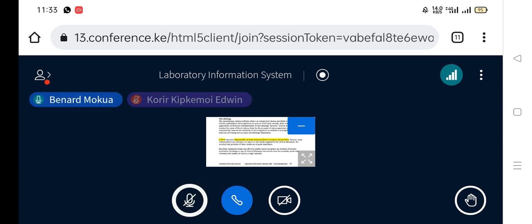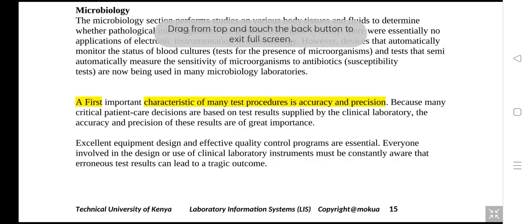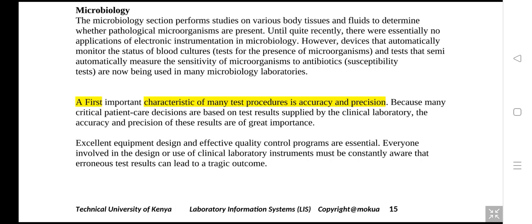So if there's a patient who is giving birth and is supposed to be taken to theater, and you certify that the count is within range, when actually it is as low as 100, because of your inaccuracy and imprecision, you can see how dangerous your conclusion will be.